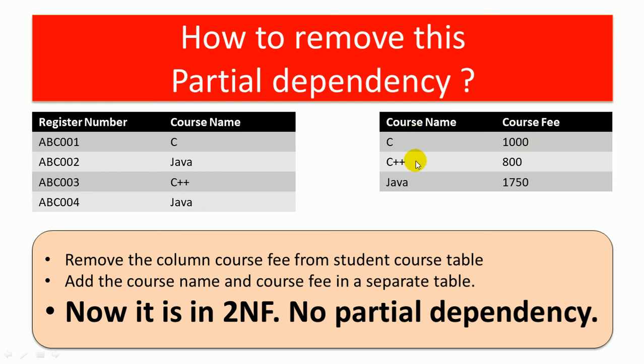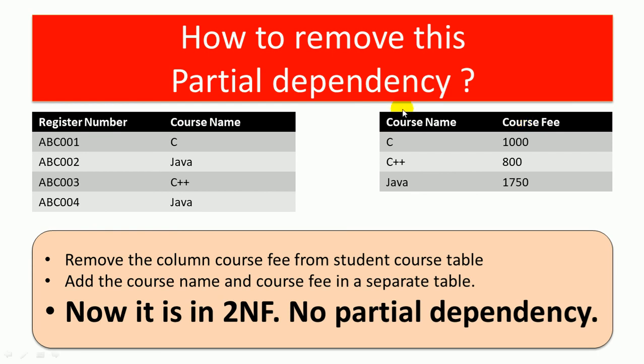Now in this table, register number alone cannot act as a primary key and course name cannot act as a primary key individually. So as usual, register number and course name together form a candidate key and act as the primary key, and there is no non-primary key attribute in this table. And in the second table, course name is the primary key and the corresponding course fee is the non-primary key column, and this is completely dependent on course name.